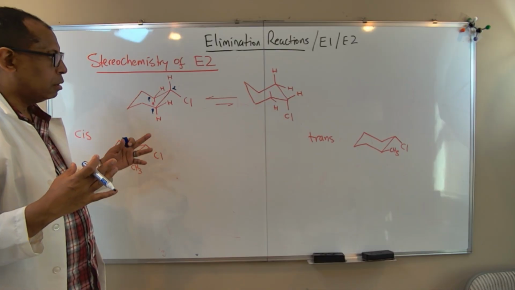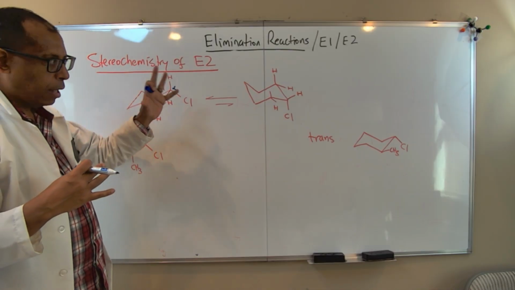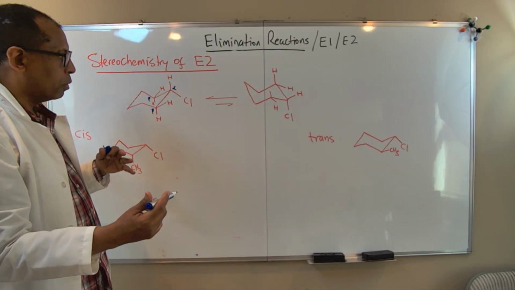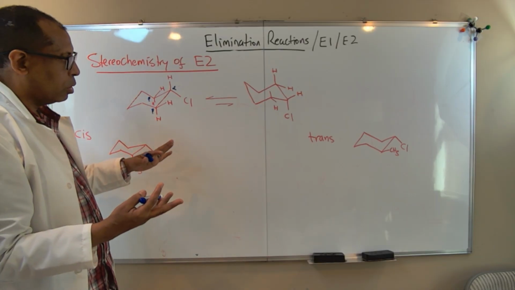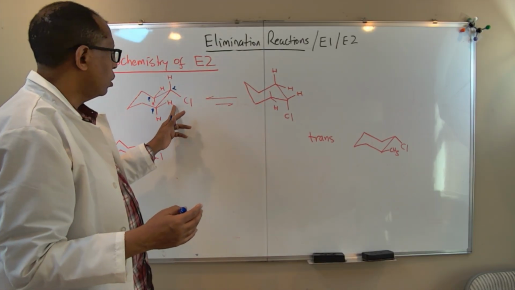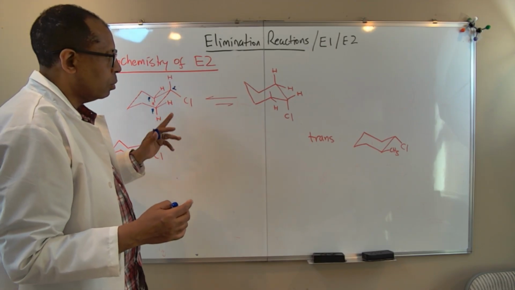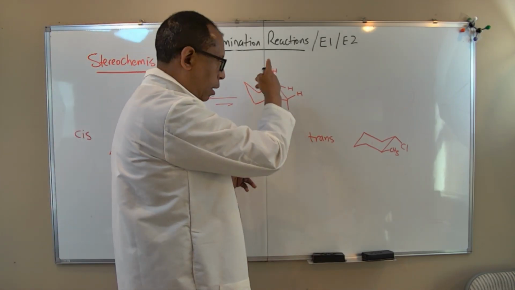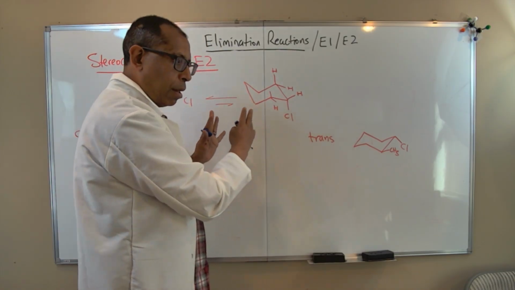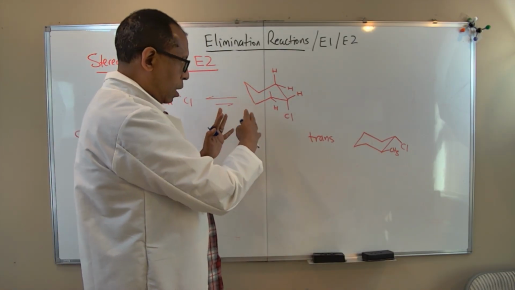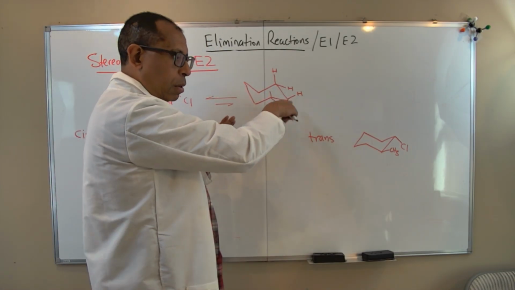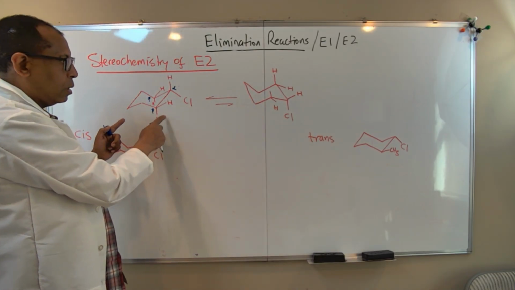So what we're going to do is test the other conformer, meaning the other chair conformation. The other conformation would put the chloride, which is the leaving group, in the axial position. Even though it's not the more stable conformer, the reaction happens from this conformer, not from this one.